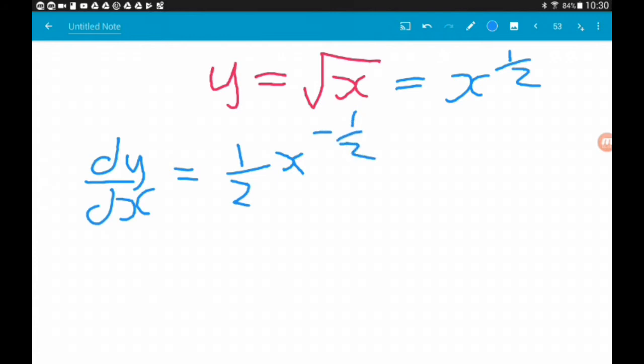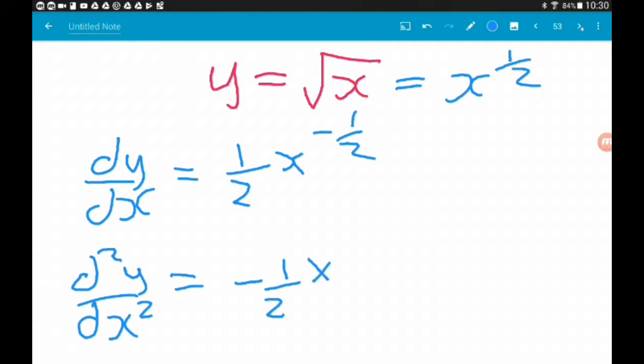Now if we want to differentiate that again, just be really careful with the negatives and the fractions. So the power of minus 1/2 comes down in front. So we get minus 1/2 times 1/2 x.